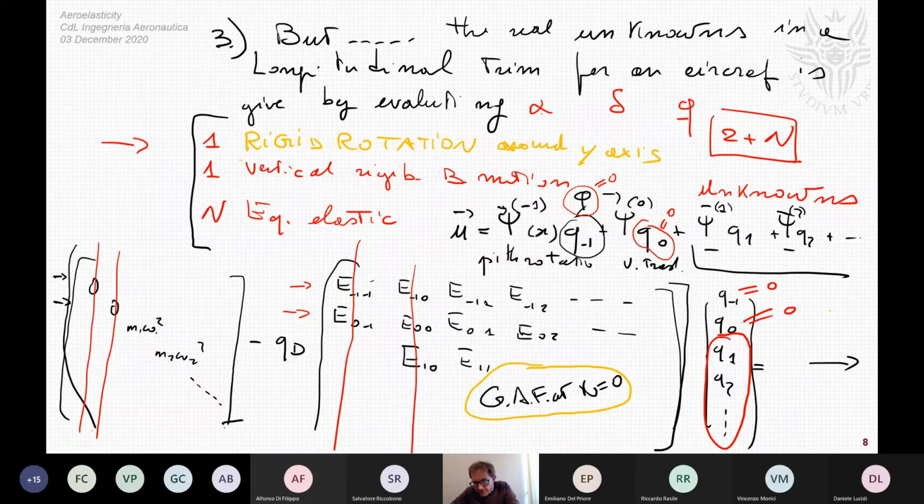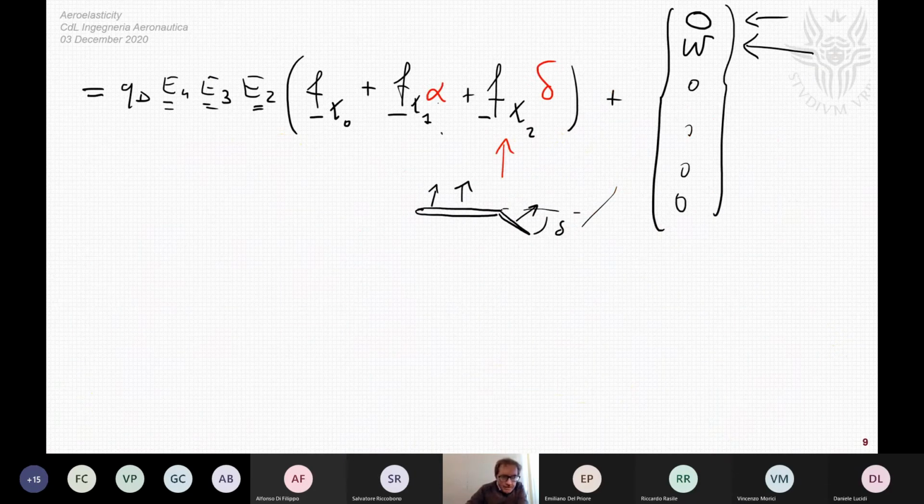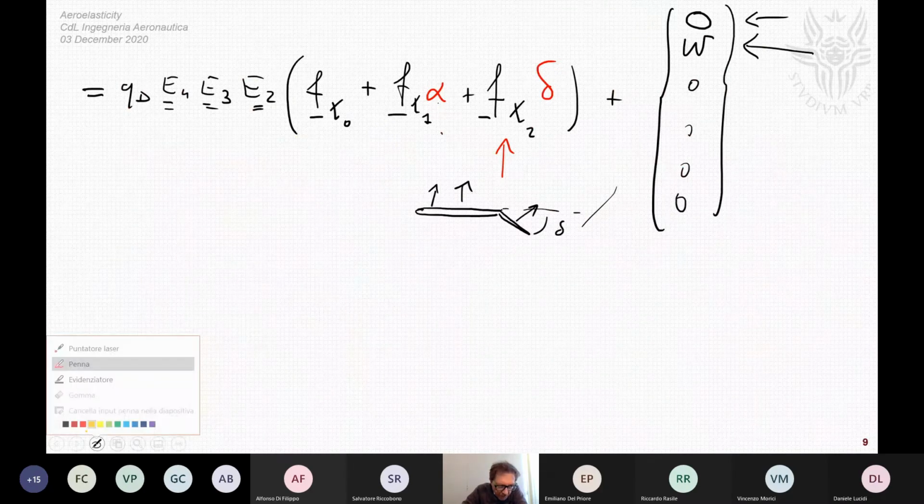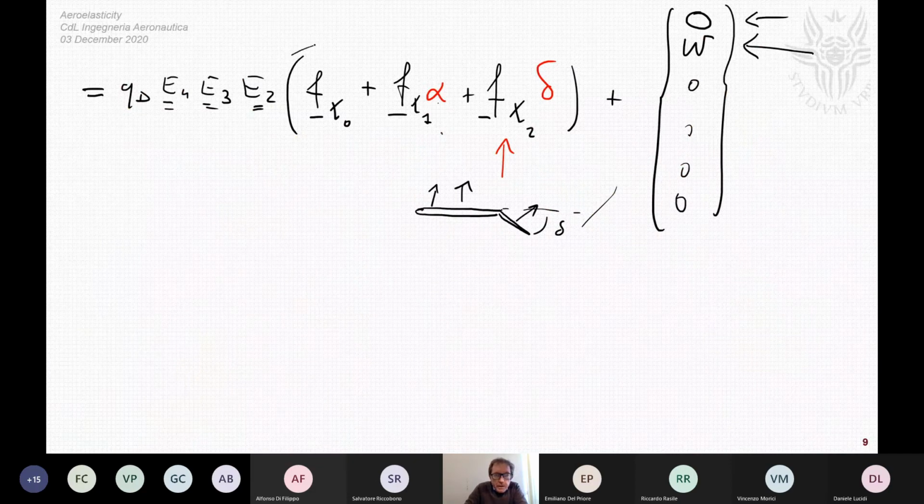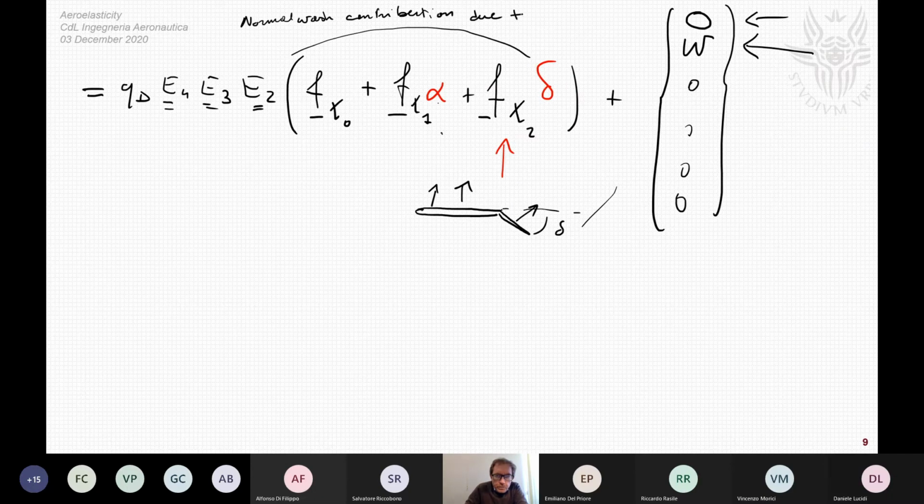But as a forcing term, as a right-hand side term here, we should have something like that, which is a term considering, remember that here we have the normal wash contribution due to rigid body motion, which is angle of attack at control surface, angle of attack and delta. Okay, this here.